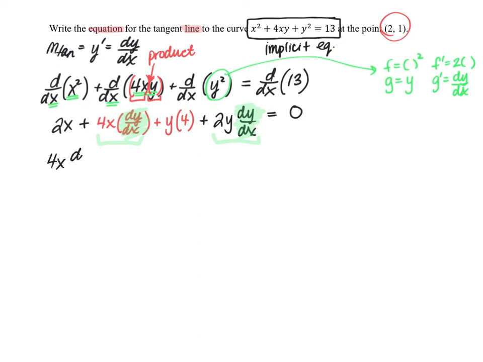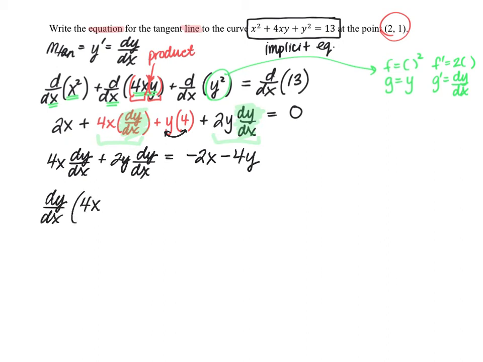So 4x dy/dx plus 2y dy/dx is equal to negative 2x minus 4y. I went ahead and reordered this y times 4 to be 4y, and then I'll factor. Factoring out a dy/dx, so dy/dx times (4x plus 2y) is equal to negative 2x minus 4y.